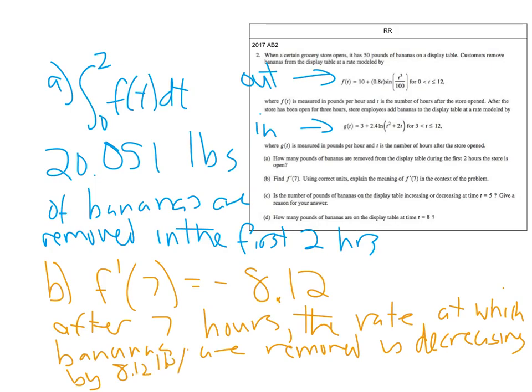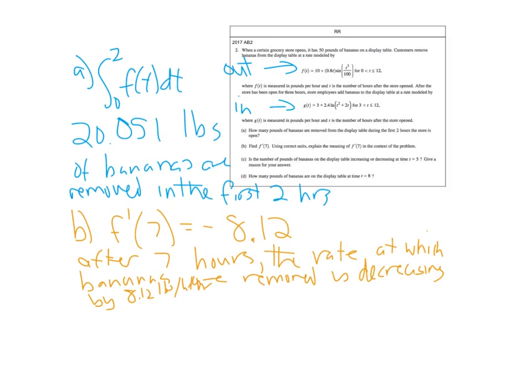Hour? Pounds per hour. Per hour, sorry, f of t is pounds per hour, so it's pounds per hour squared. There we go. That was a close one.